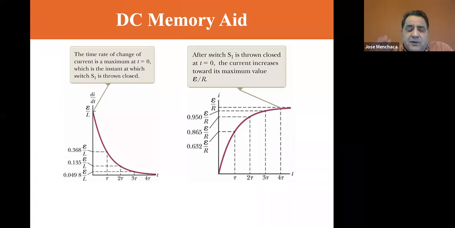So at the beginning, the voltage is max and it decreases. The current is minimum and increases up to, once you get several time constants, steady state current. Don't worry about the shape so much as the idea that when you flip the switch, the voltage is max and decreases to 0, and the current is min and increases to the maximum.